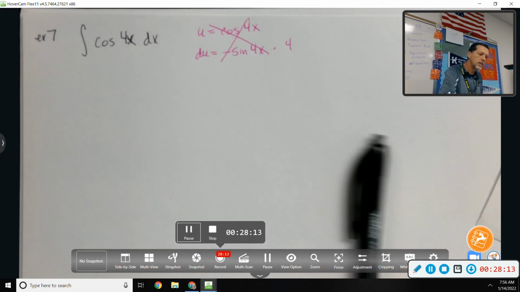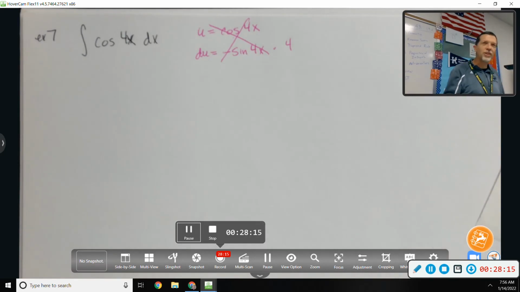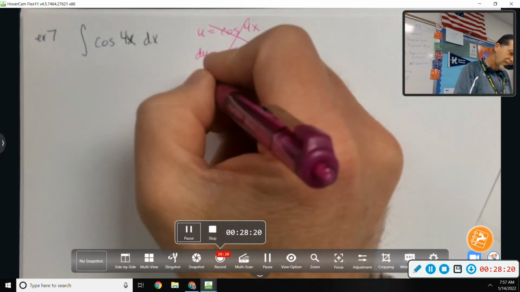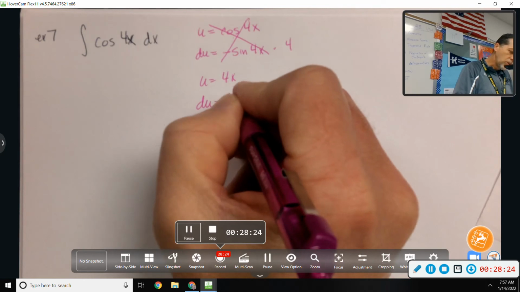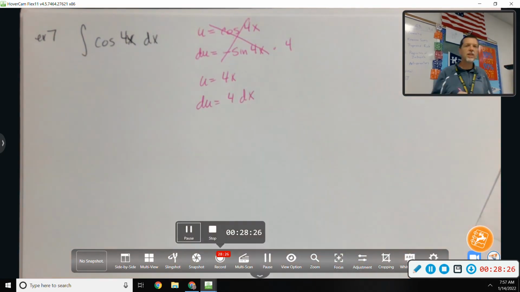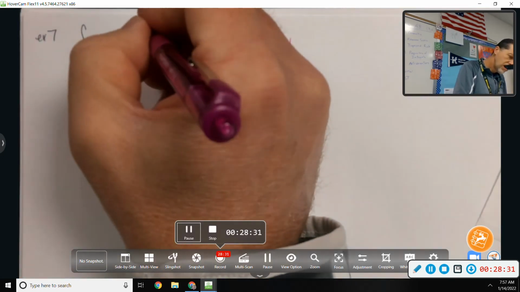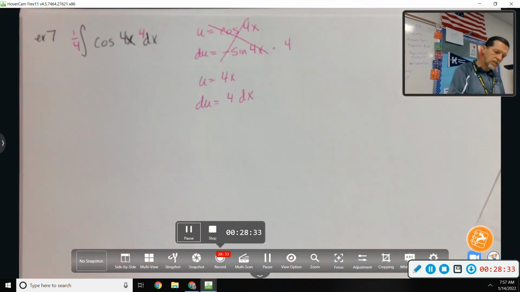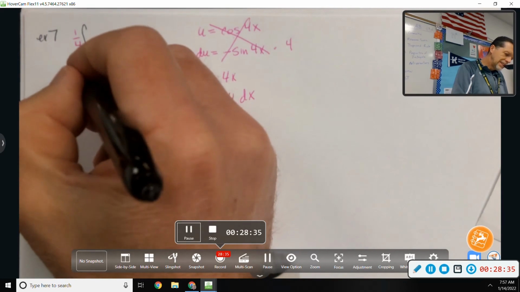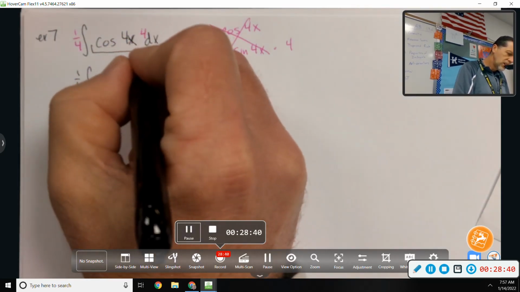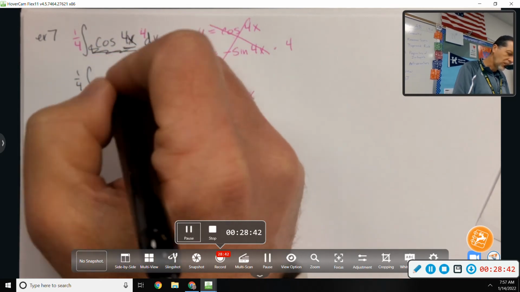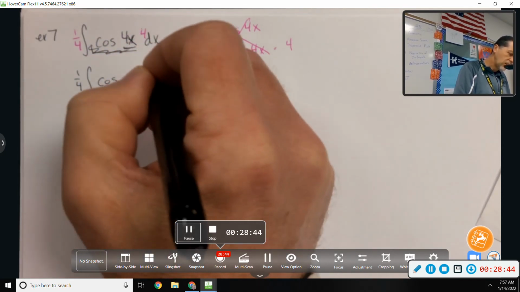All right, how about another guess for what u should be? Andrew, I think you had another choice. Let's go with 4x. And du is just 4 dx, which we can handle the 4. 4 and 1/4. 1/4 integral. Whoops, that's not u. Just this is u. Cosine of u du.